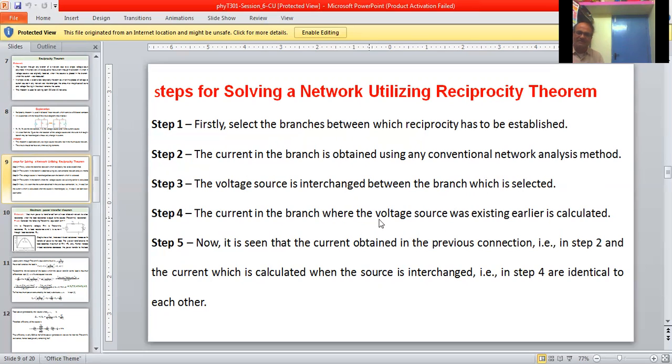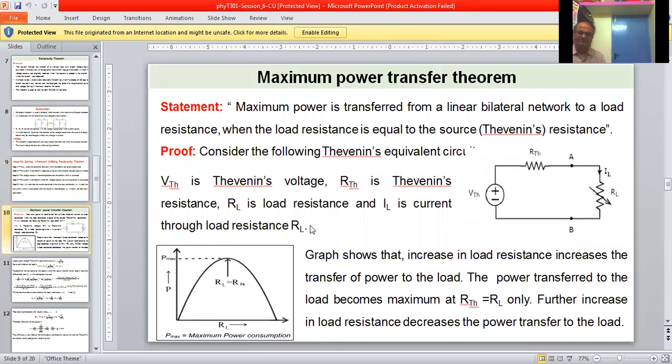The current in the branch where the voltage source existed earlier is calculated. Now it is seen that the current obtained in the previous connection, in step 2, and the current calculated when the source is interchanged, in step 4, are identical to each other. So these are the steps to verify the reciprocity theorem.